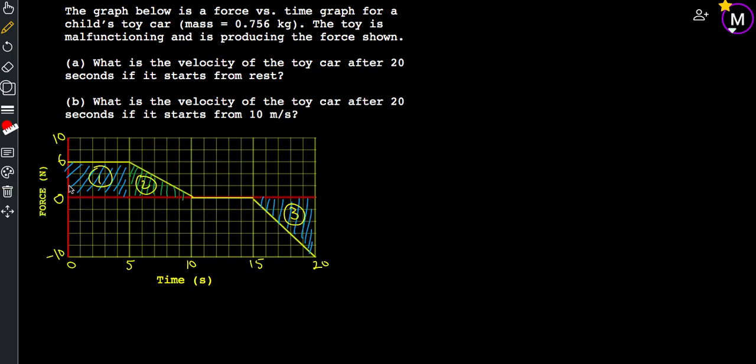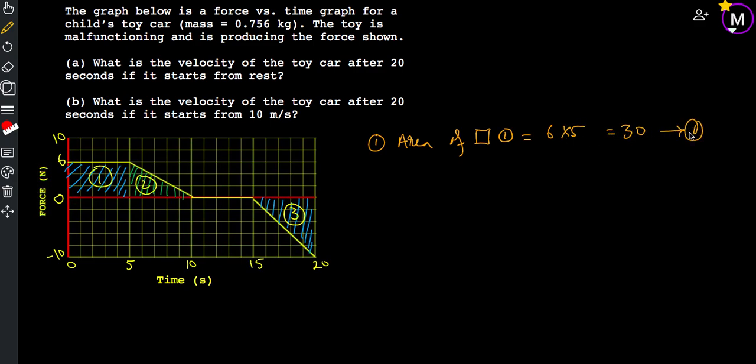It is the sum of all these. First, the area of the rectangle, this is 1. Since it is a rectangle and from 0 to 5 it is 5, 6 times 5 equals 30.